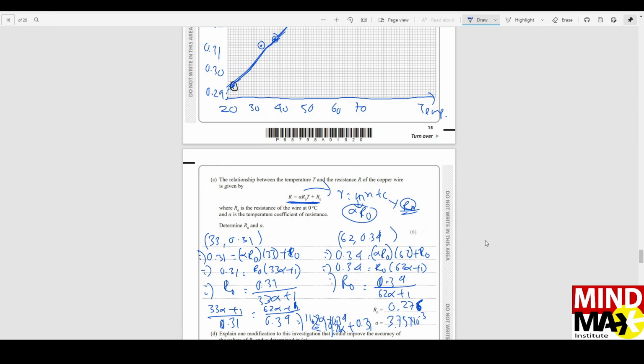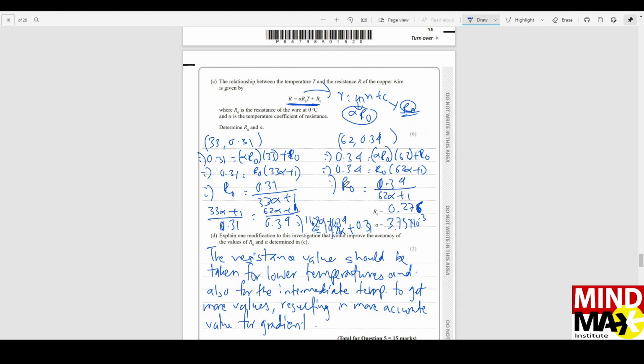So from the y-intercept you can directly find the R naught, then find the gradient, and from the gradient, since you know R naught, you can find alpha. So that's one way, or you can do the way I did using simultaneous equations. Both will give you the same result.